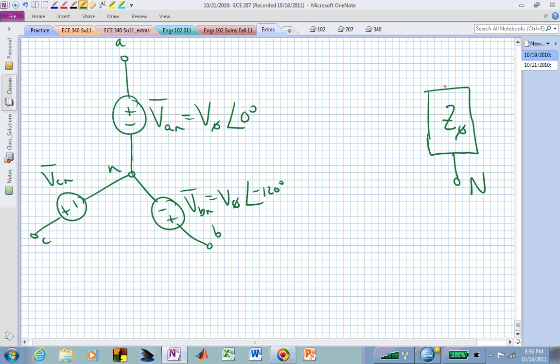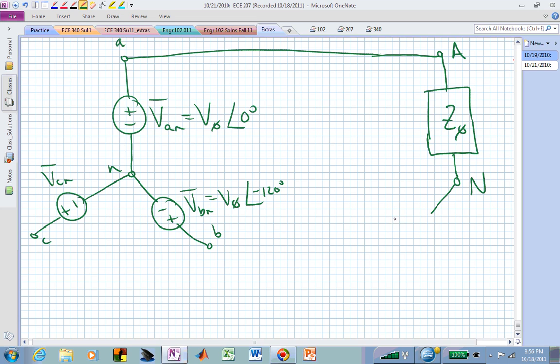Here's our neutral connector. Let's say this is now the A phase terminal at the load, and we will in general have some impedance in our lines between source and load, but for illustration purposes, let's forget those for now.